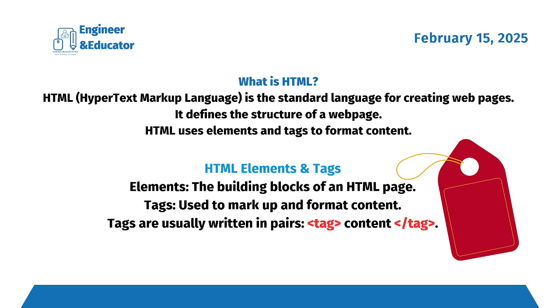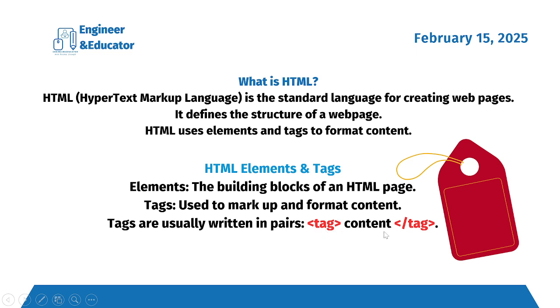Similarly, if I'm comparing with the English language, tags are the alphabets, you can say, because tags are like alphabets, and tags along with the content make an element. What content is to be placed inside a tag?